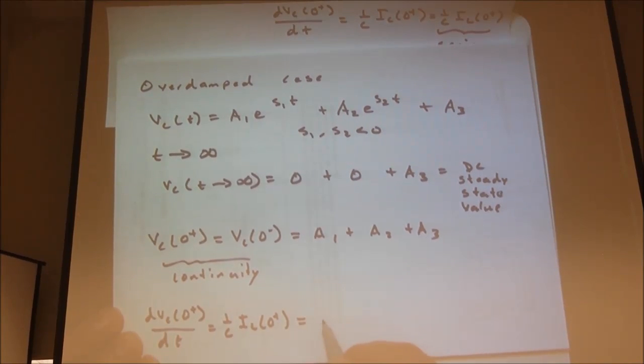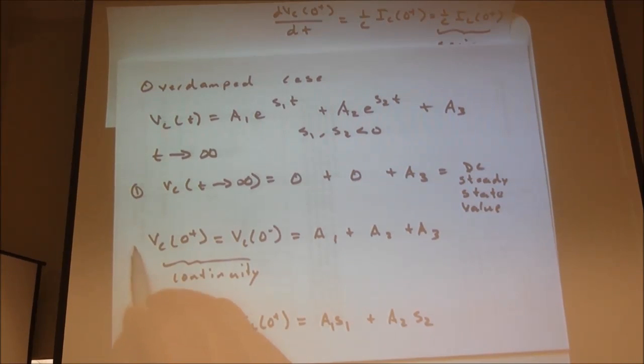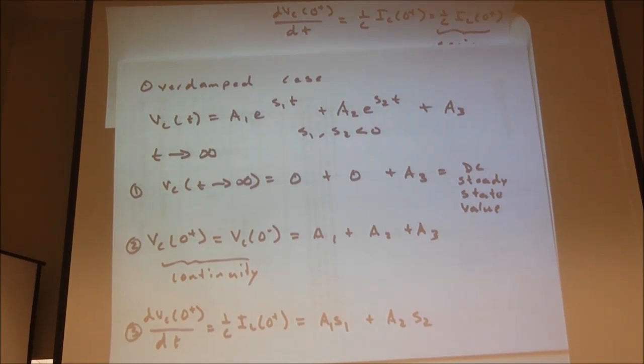Well, that's A1 S1 plus A2 S2. And that's it. So what do we have? 1, 2, 3 equations and 3 unknowns. Thus, our 3 coefficients are found. And we'll do this a lot next class, so we'll pick that up there.